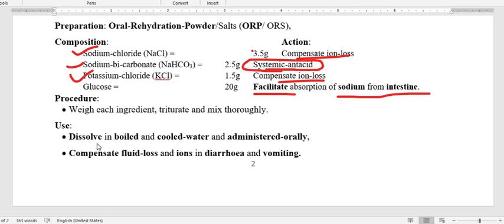When you have made the powder, wrap it and keep it, and when you are going to administer it to the patient, you have to boil the water and cool it. Once the boiled water has cooled, mix it with the ORS powder and administer it orally to compensate the fluid loss and ion loss due to diarrhea and vomition.